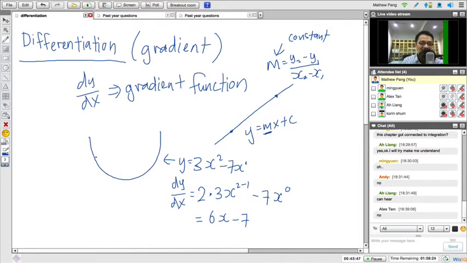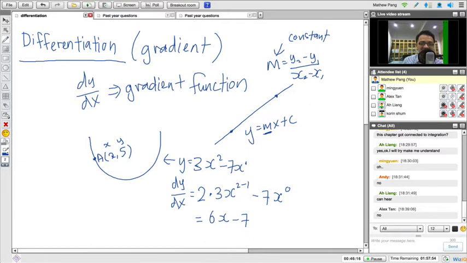So let's say I simply give you a coordinate over here, coordinate A, which is (2, 5). Then the question will ask you, what is the gradient at coordinate A? The 2 is for x and the 5 is for y. For the gradient function, the important thing is only the x.